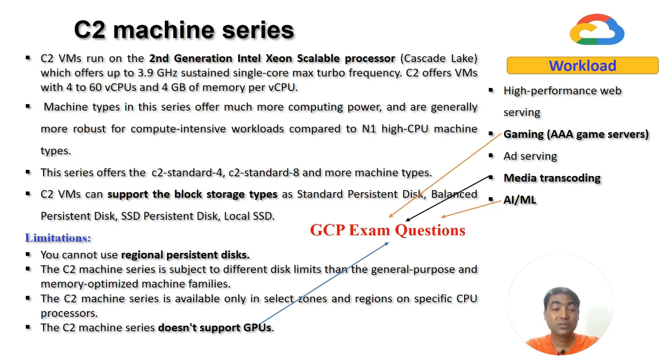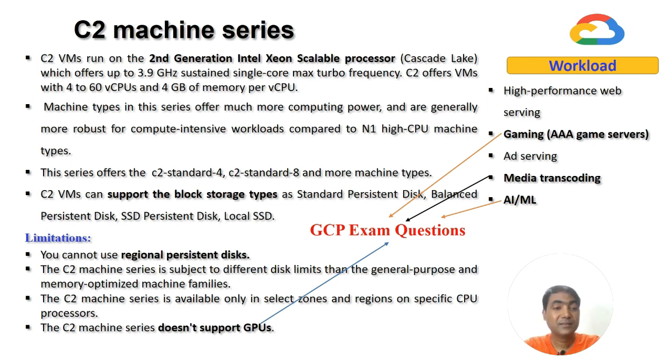Guys, don't worry about that. I will explain more details in upcoming sessions on persistent disks, balanced persistent disks, SSD persistent disks and local SSD, so that you can easily understand it.